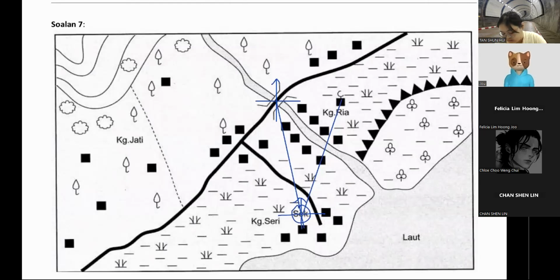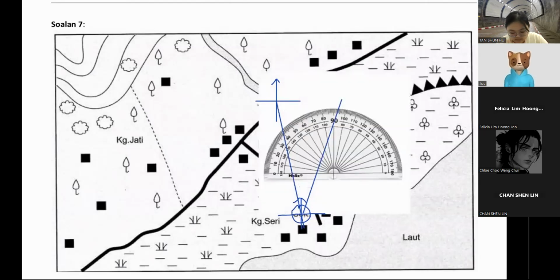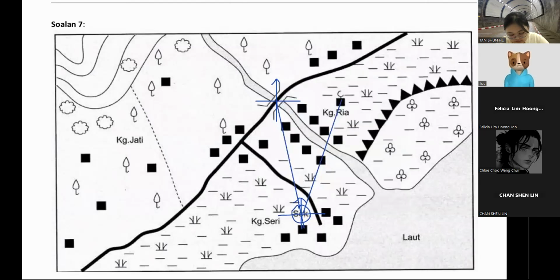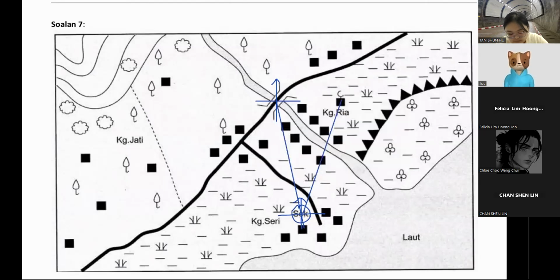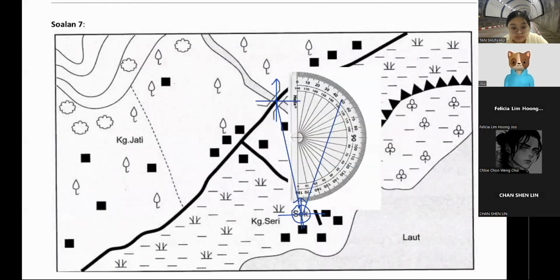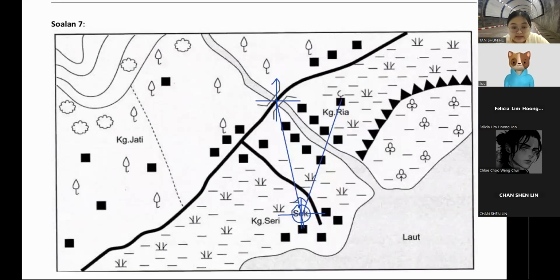Let me find my jangka sudut. Don't know where it went. Now your jangka sudut. So remember to turn your jangka sudut, and then put it exactly on top of that.